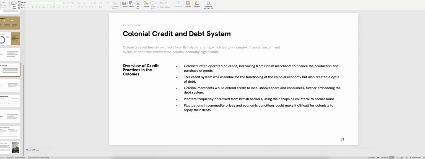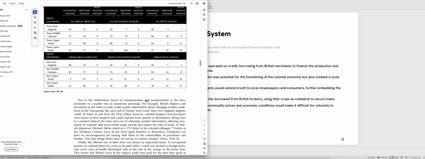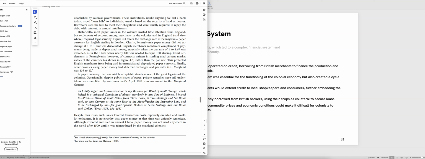The textbook states here, middle of page 68, a statement that I just want to highlight for you, right here.